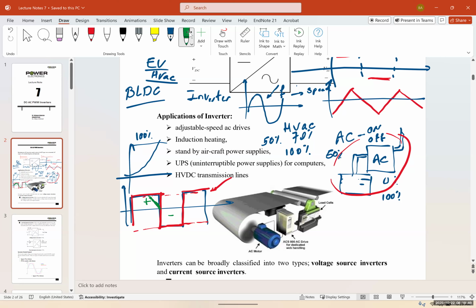It's actually not that slow, but from the motor's perspective, it's slow, and then it comes back to negative, then zero, and back to positive. So if you have a sinusoid, it's going to be smooth. It's going to be gentle on the motor. So for anything that has a motor, you need a pure sine wave inverter.